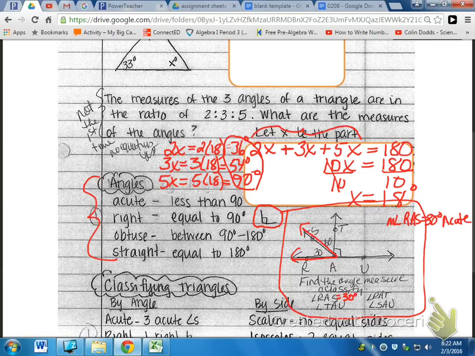So you give the degree, and you also tell what kind it is. All right, now let's go to the measure of angle TAU. So we're starting at T, go to A, go to U. What's the degree measure on that one, Stephen? 90. 90 degrees, and how would you classify that? Right angle. Right.